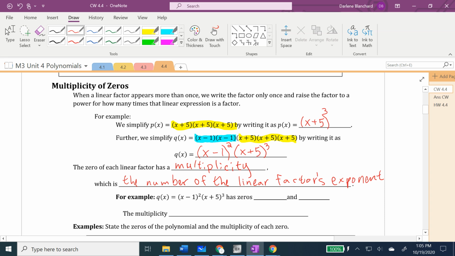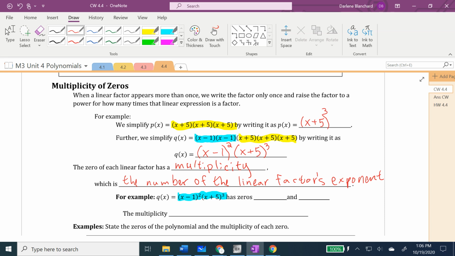So the polynomial that we were just looking at, if I asked you for q of x right here, what would your answer be for the zeros of that polynomial? I'm looking at chat. So the zeros, correct.